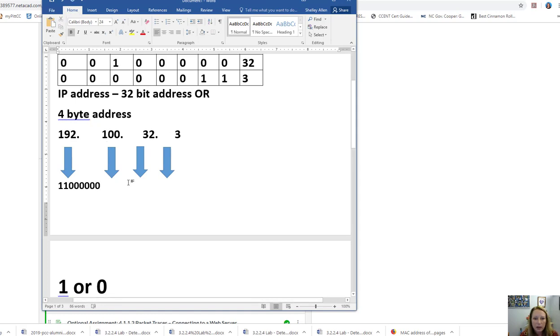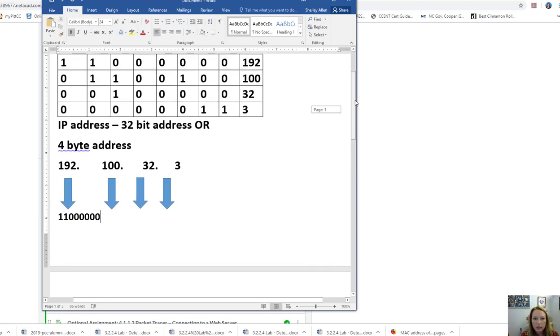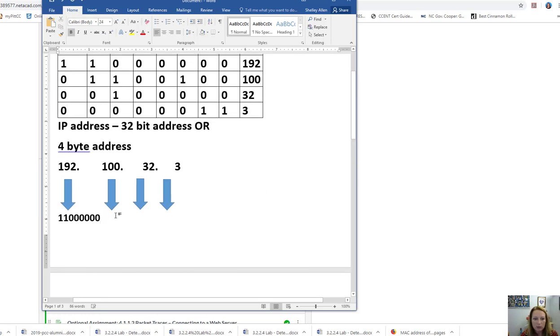So for the 100, if I were to look at that, that equals 0, 1, 1, 0, 0, 1, 0, 0. The 32 would equal 0, 0, 1, 0, 0, 0, 0, 0. And then the 3 would equal 0, 0, 0, 0, 0, 0, 1, 1.